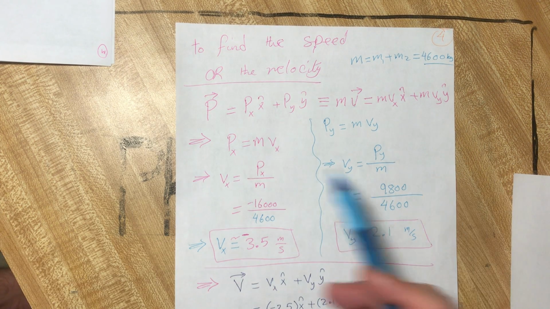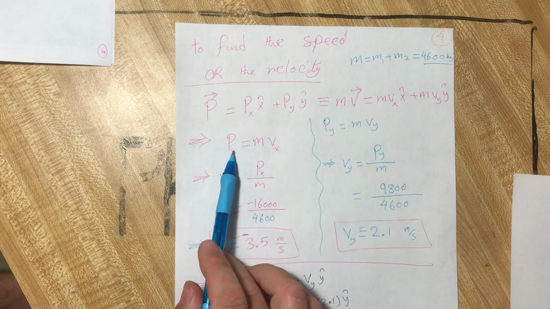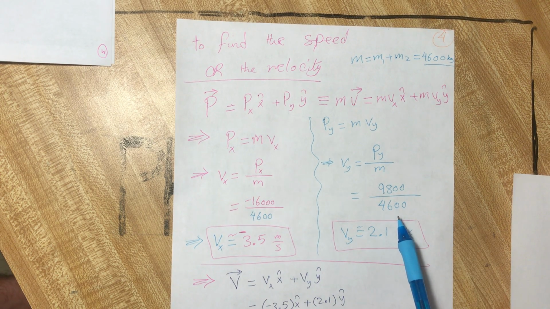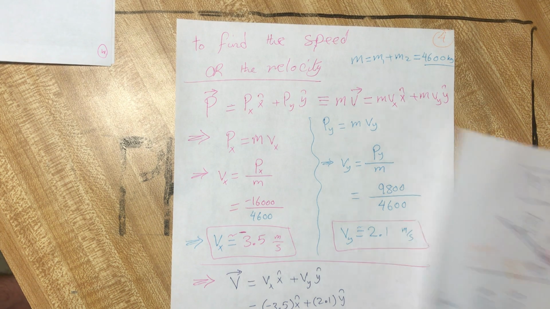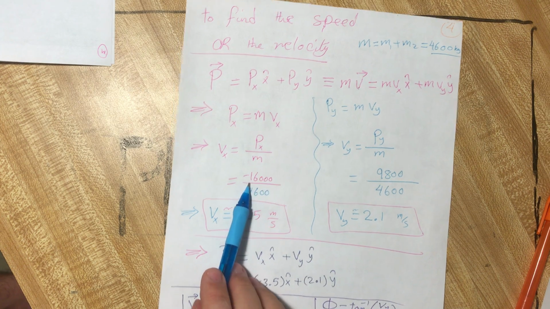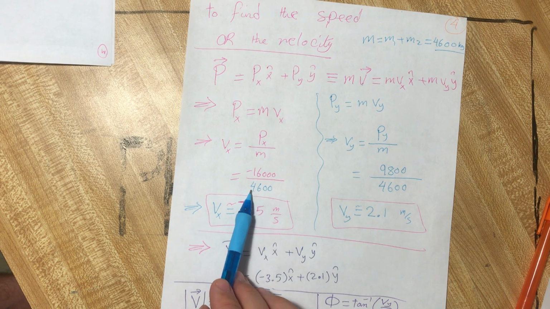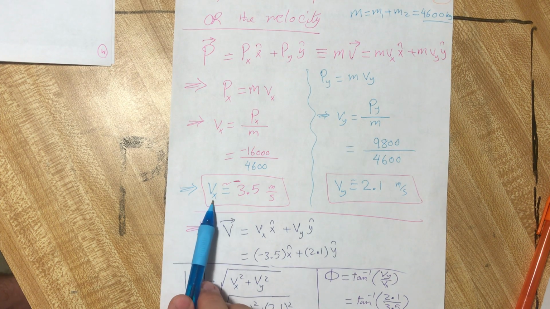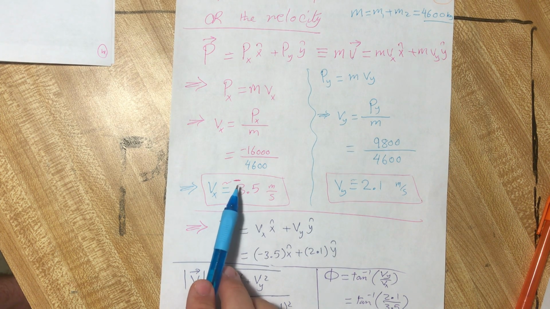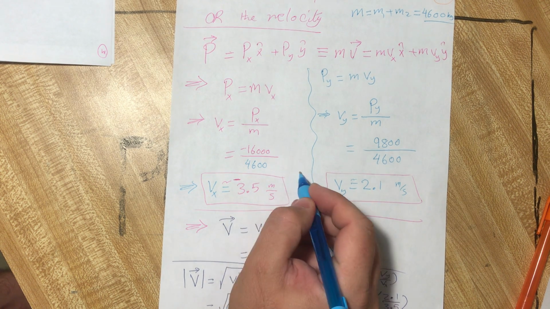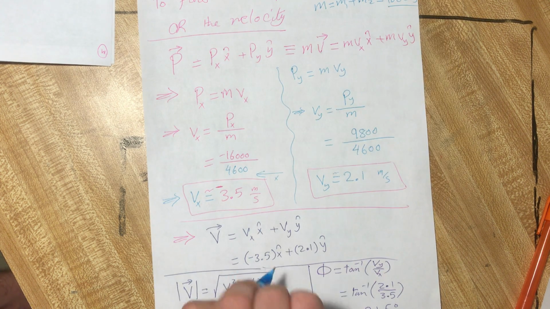I have many ways. I will use this one. Px is equal to the mass multiplied by the velocity in x direction. I'll take just the x direction. Px is negative 16,000. The mass is 4,600 kilograms. So the velocity in x direction is approximately negative 3.5 meters per second. Negative because it is in the negative x direction.